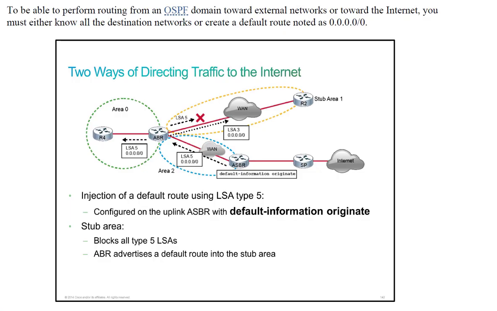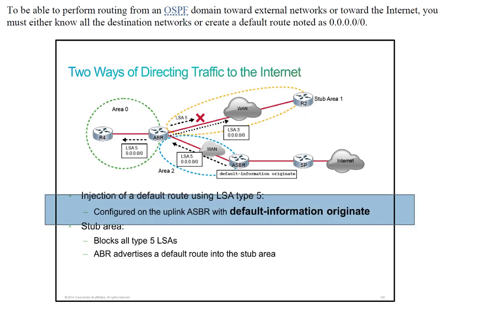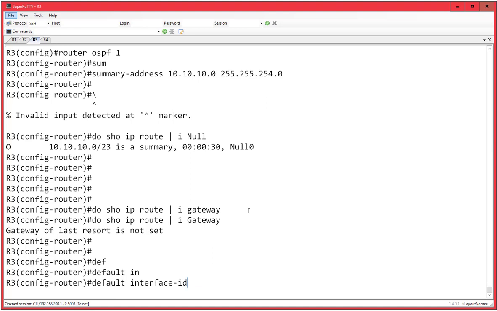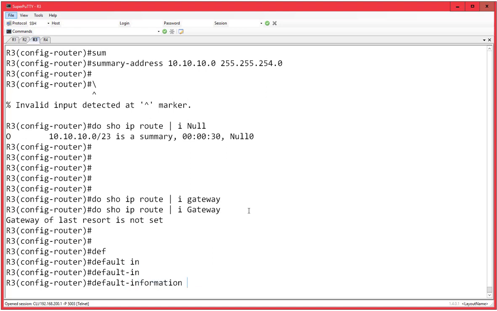One of the options that we have to inject the default route is to use the default-information originate command. Interestingly enough, when I do add the default-information originate command, it will start injecting a default route as a type 5 LSA for the rest of the domain. So let's say, for example, on my ASBR router 3, I did a default-information originate, which is done under the routing process.